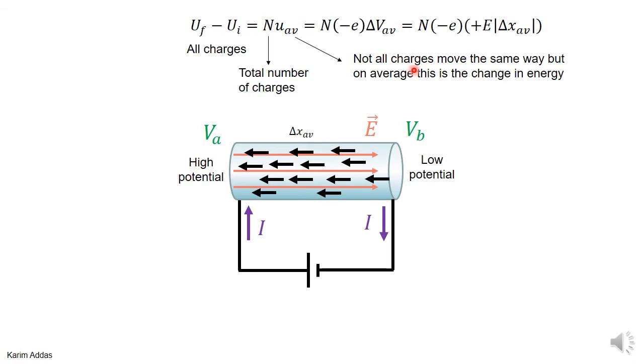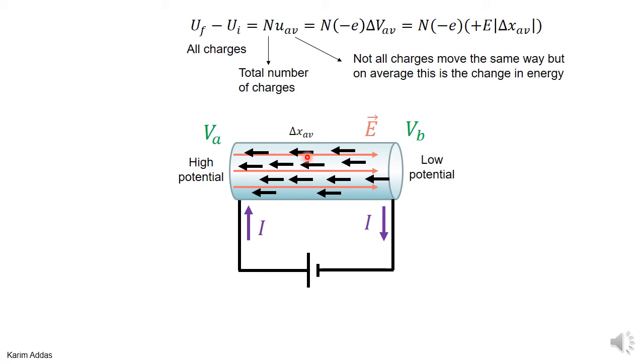Now, if you want the total change in energy due to all the movement of all the charges, because inside the resistor there's not just one electron that's moving, being affected by the electric field. There are many electrons, n free electrons that can move. And so we do the same thing as before. Not each electron has to move the same distance, because the electrons inside the resistor move in a very random way.